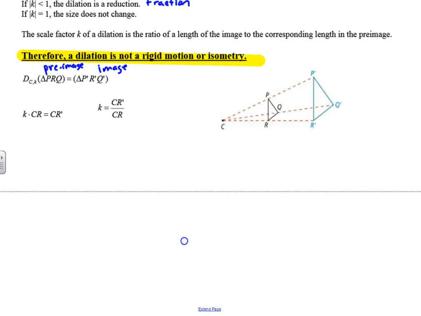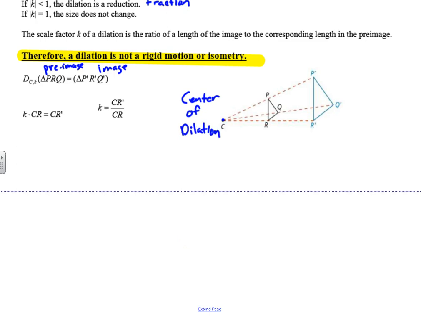So what's happening to triangle PQR? It's getting bigger, further away from the center of dilation. Here we have point C, that is the center of dilation.